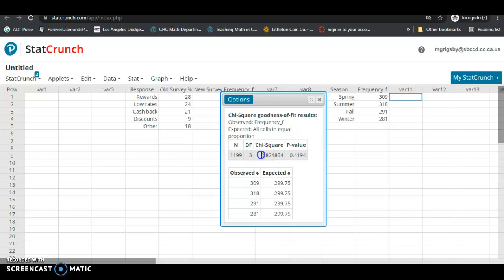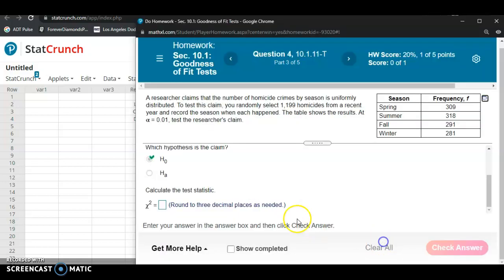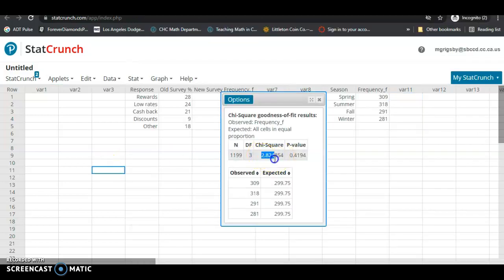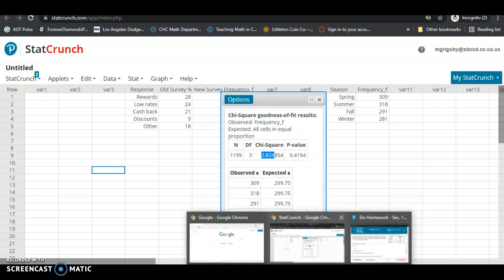What we're looking for is the test statistic. We're going to round it to 3 decimal places, so that 4 gets rounded up to a 5, and 2.825 would be our test statistic.